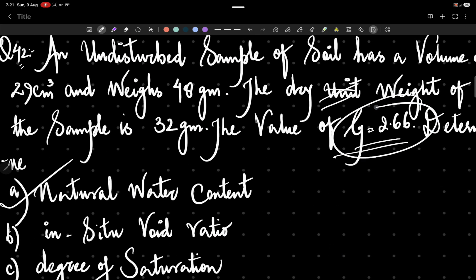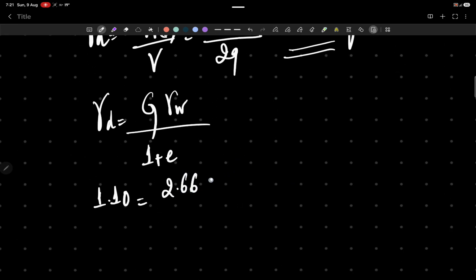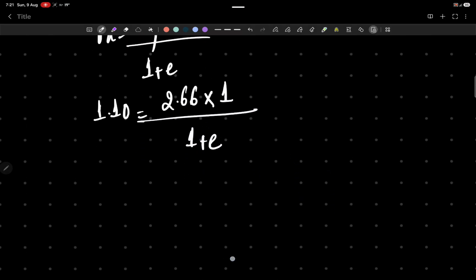Yeah, over here, 2.66. Then we have the unit weight of water 1 gram per cc divided by 1 plus E. Upon calculating, we found E equivalent to 1.418. This is the void ratio.